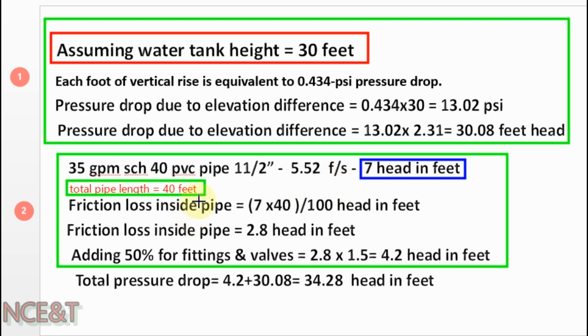We will multiply our total pipe length by 7 and divide it by 100, then we will get the total pressure loss due to friction inside this pipe, which will be equal to 2.8.